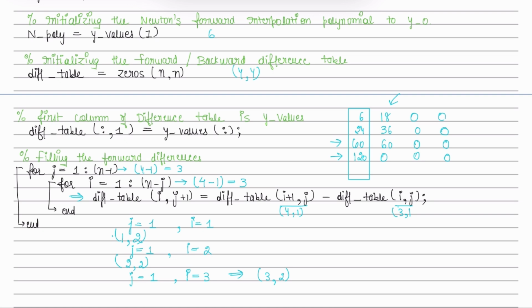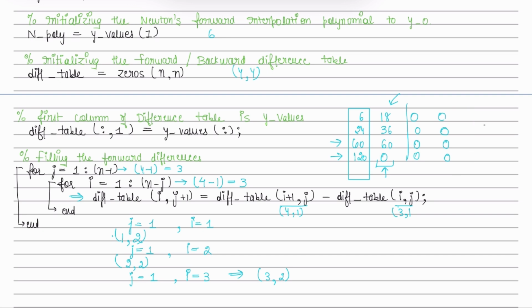Since the for loop for i runs till the value 3, this column of the difference table has been updated. Similarly, when the value of j updates, the corresponding columns will update accordingly.